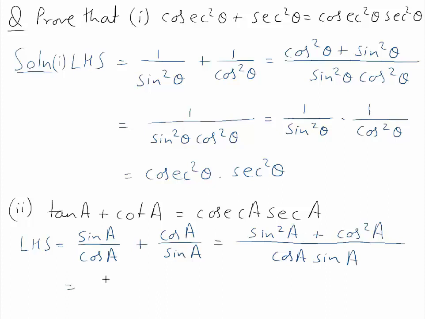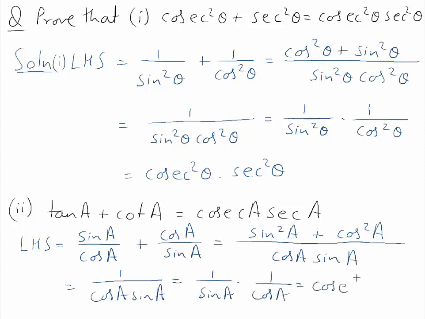So the numerator will become 1, the denominator is cos A sin A. Now this can be written as 1 by sin A dot 1 by cos A, that's equal to cosec A sec A, hence proved.